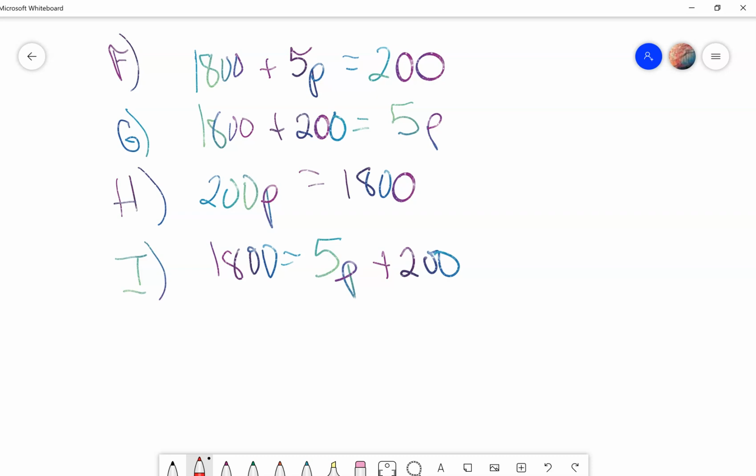So if his total is 1,800, then it can't be 1,800 plus 5p, so we know that it's not F. If his total is 1,800, we know it's not this one because we can't tack on an additional 200. So we have equals 1,800 and equals 1,800. So we need to decide between these two.